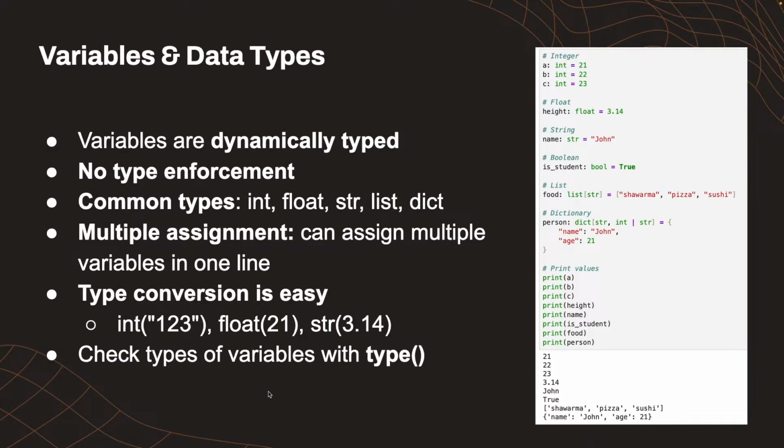So variables and data types. In Python, the variables are dynamically typed, which means Python basically assumes what type you're using. So there's no actual type enforcement. However, you can do a thing called type hints. Basically, that's more so for the developer. So you can add types like int, float, string, list, dictionary, all the common types for programming languages.